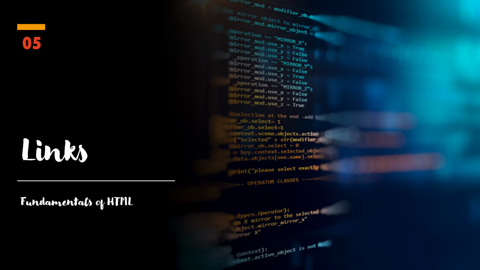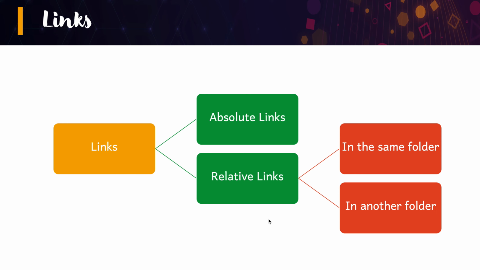We'll learn how to create links in our HTML pages simply. There are two kinds of links: absolute links and relative links. Imagine we are on a web page, the same India Today website.